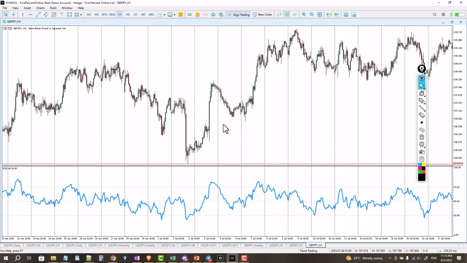So when the indicator's reading is below the 50 line, they assume that the market is bearish. And so when they see any trade setup that says go long, they're not going to touch that trade setup with a 10-foot pole. The reason is that since the market is bearish, they have no business going long in that particular market condition.